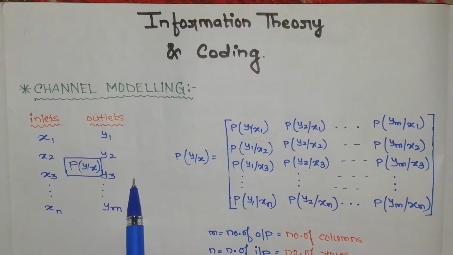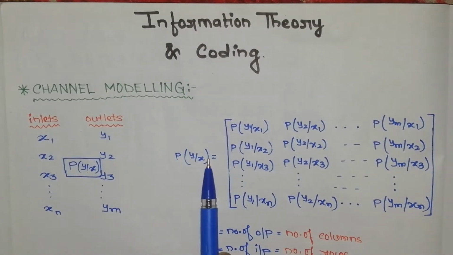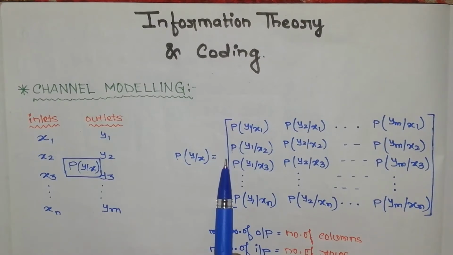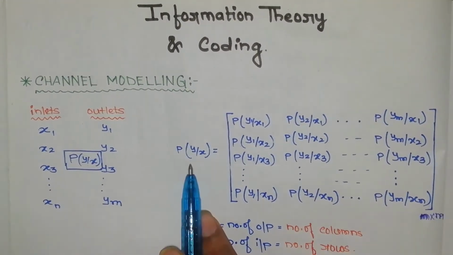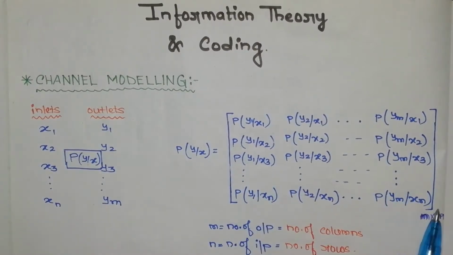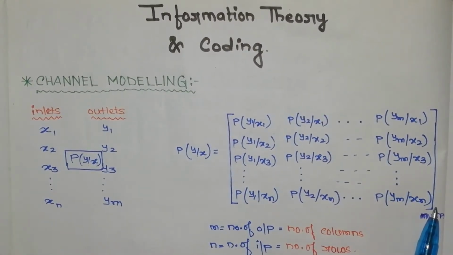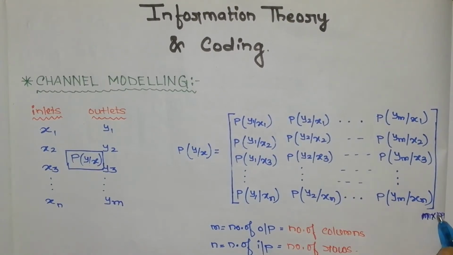So this is the basic idea of channel modeling. Now this p(y/x) is generally a matrix and can be defined in the given format. So p(y/x) can be represented as a matrix, and as you can see it will be an n cross m matrix.